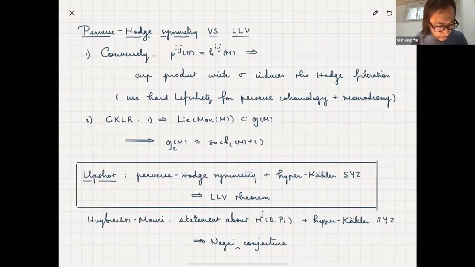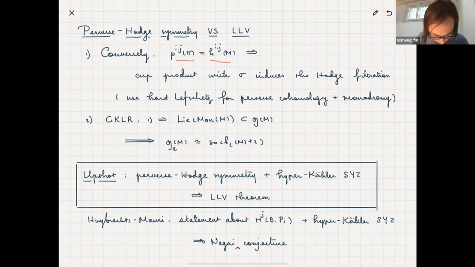But we had an interesting remark, which is that this perverse P_ij equals H_ij is just a numerical identity. You may say that it carries a lot less information than, say, the Lie algebra or the hyperkähler metric and all that.